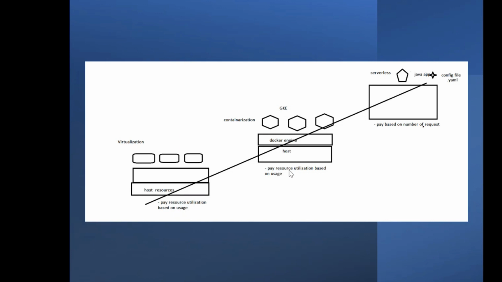And here also you pay for resource utilization based on the usage. As you use, you have to pay. So let me give an example: assume your banking application is running inside the GKE. The point is that whether a customer request is coming or not coming, the bank has to pay the cloud provider because their banking application is running inside the GKE.